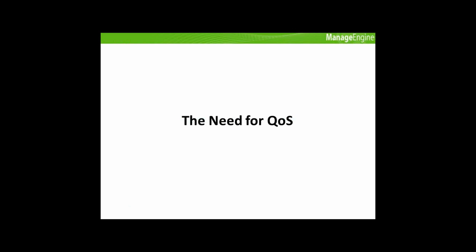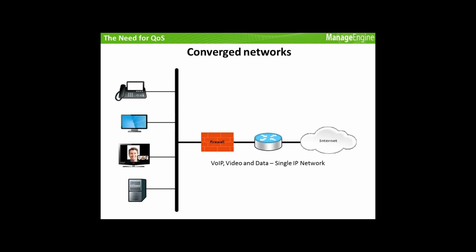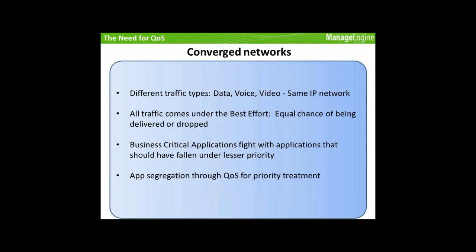So what is the need for quality of service? One reason is converged networks. Today you have VoIP, video and data traffic, all these different traffic types going over the same IP network. When this happens, all this traffic comes into the best effort category.